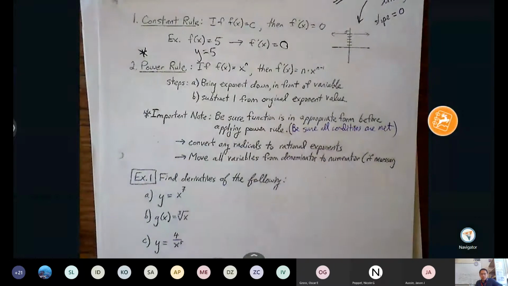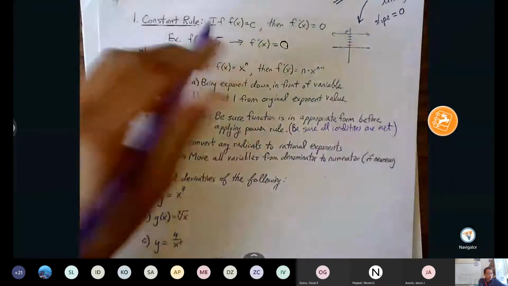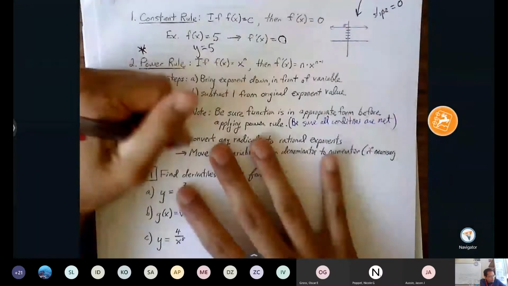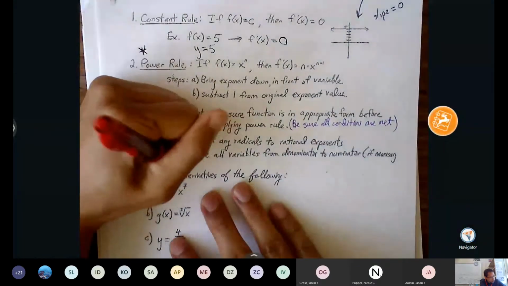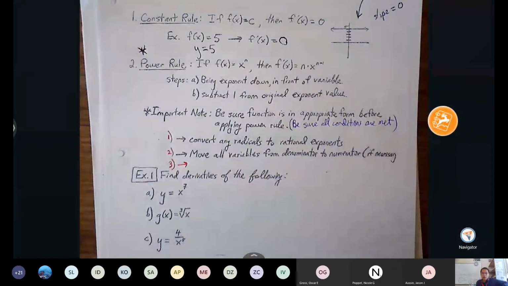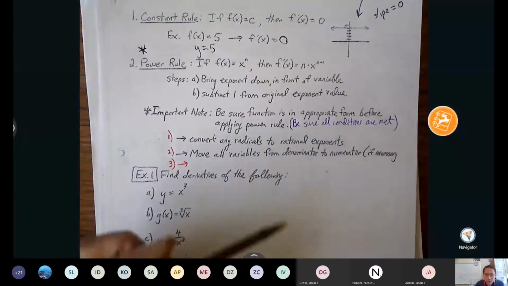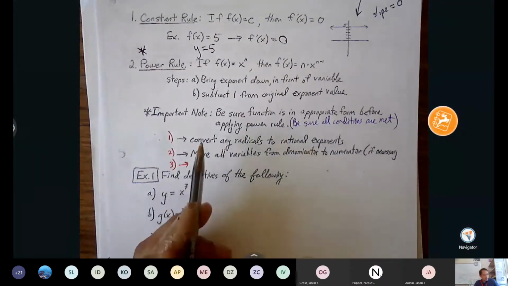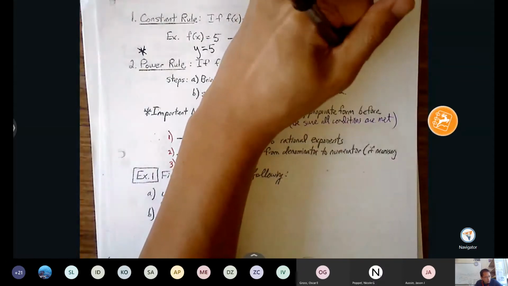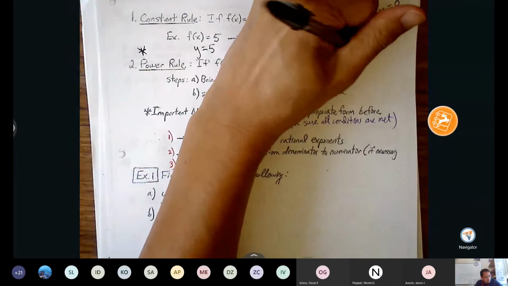So here are the conditions. Let me number them. I left one of them off. So if you can number 1, 2, and 3. The first one is we need to convert radicals to rational exponents. This is what I mean by that. If I see square root of x, I want to rewrite that as x to the 1/2.